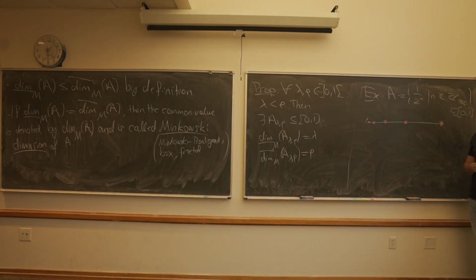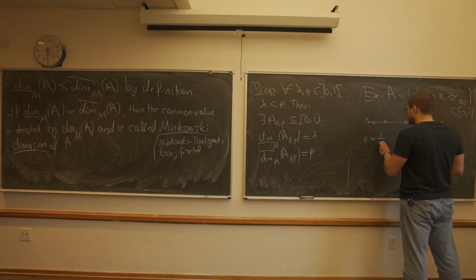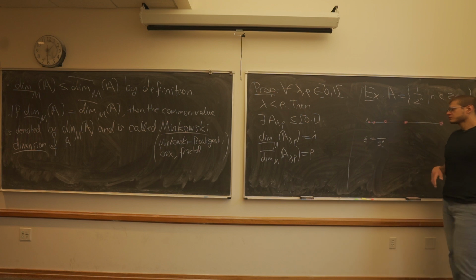Can you use n coverings of length 1 over 2 to the n? Ultimately that should be the point, right? If you fix your scale at an exponential rate, you should need only finitely many of these.